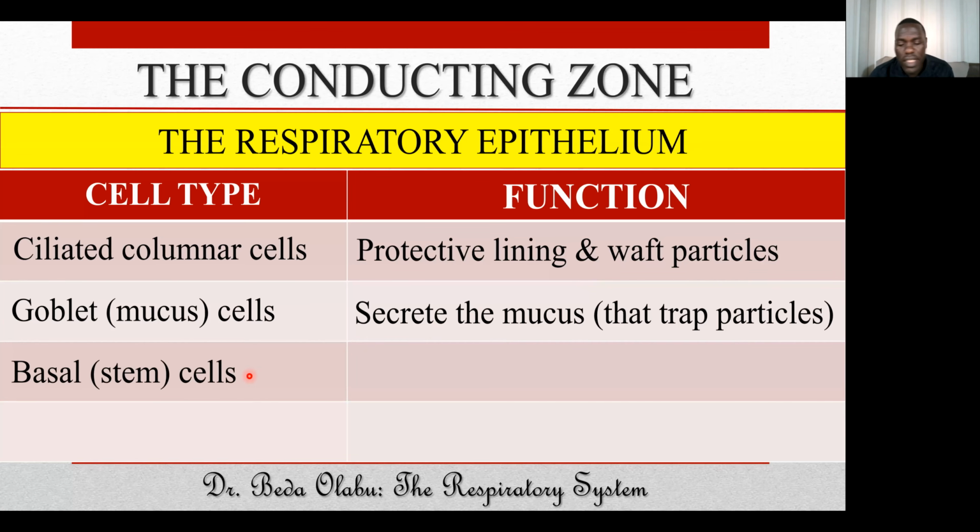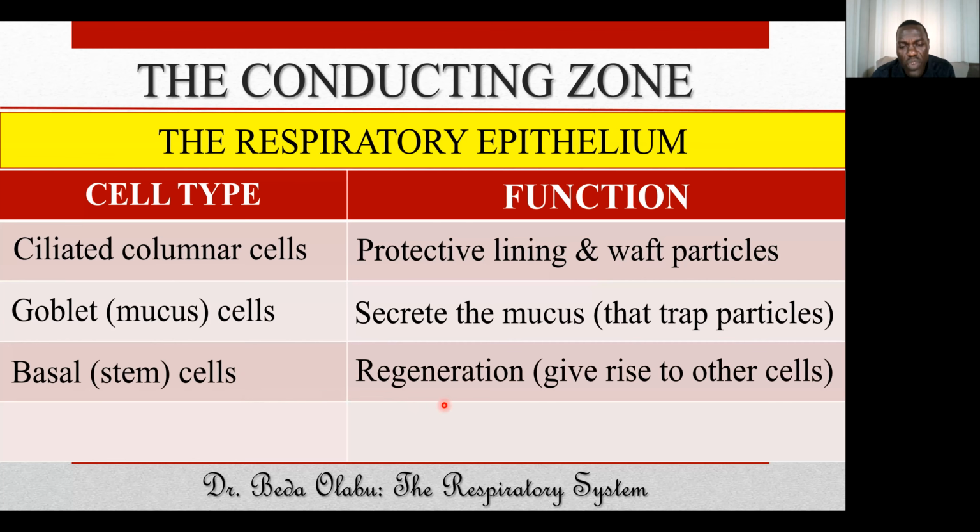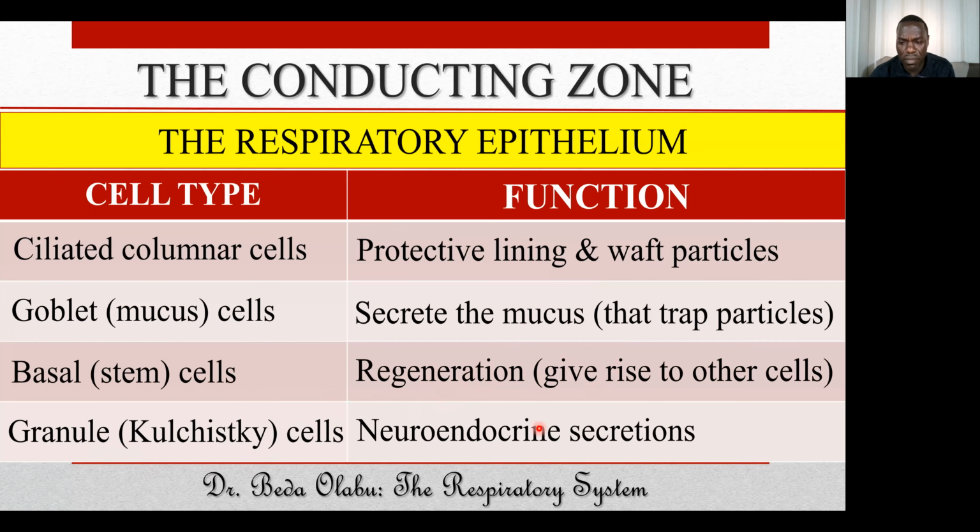The basal cells are largely for giving rise to the other cells. So they are stem cells. They are regenerative cells. We have the granule cells, which are also called the Kulchitsky cells. The Kulchitsky cells are cells of the neuroendocrine system.